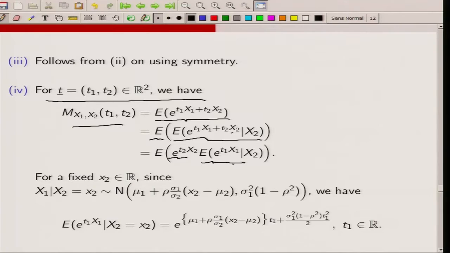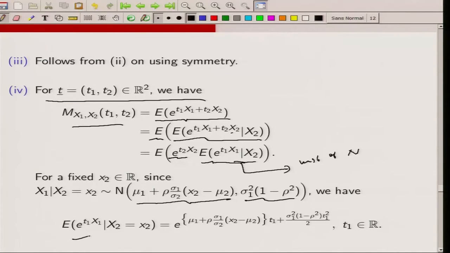But I know that x 1 given x 2 has a normal distribution. So, that means this is nothing but the MGF of a normal with certain mean and variance, and the mean is this and the variance is this. So, it is the MGF of this normal distribution.